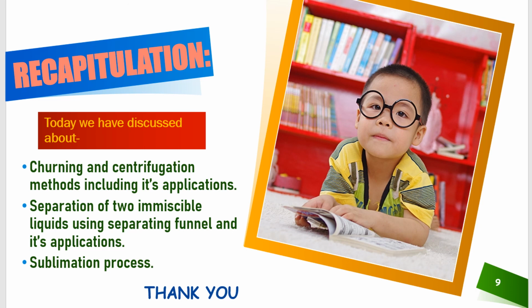We have also discussed separation of two immiscible liquids using separating funnel, and also we have discussed its application where that process is being used. And we had also discussed the sublimation process as separating the components of a mixture like ammonium chloride and salt. So I hope these three methods are clear to all of you. So thank you, students.